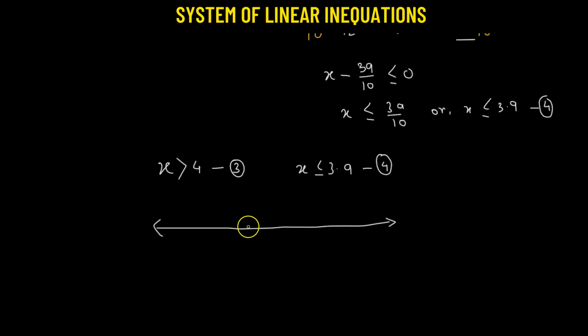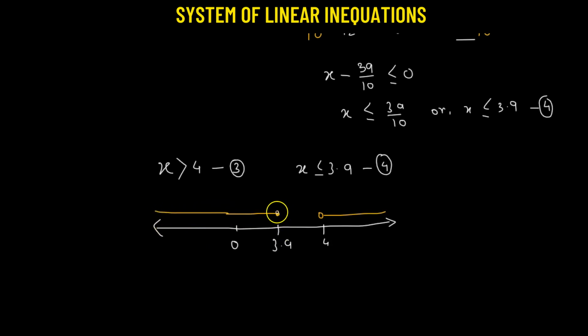We will take x equals 3.9 and x equals 4 on the number line. Then x greater than 4 means we consider all the values of x greater than 4, lying to the right of x equals 4 and extending all the way up to infinity. And x less than or equal to 3.9 means we consider all the values of x less than 3.9, lying to the left of 3.9 and extending all the way to negative infinity.